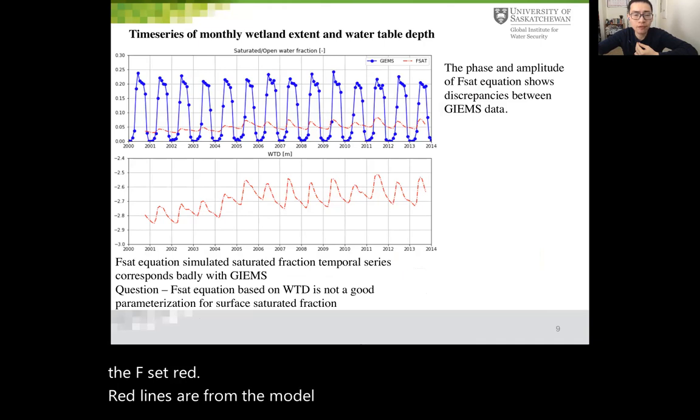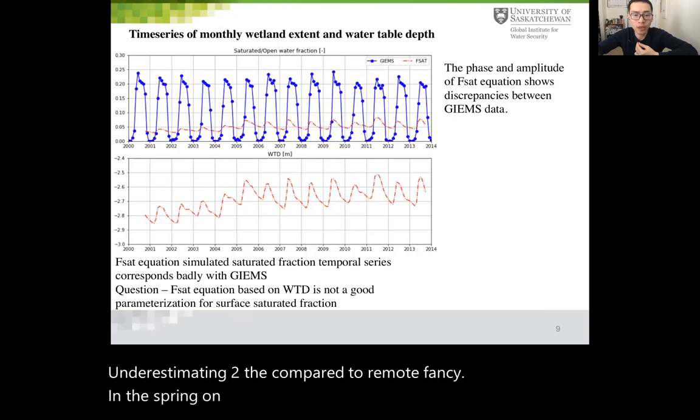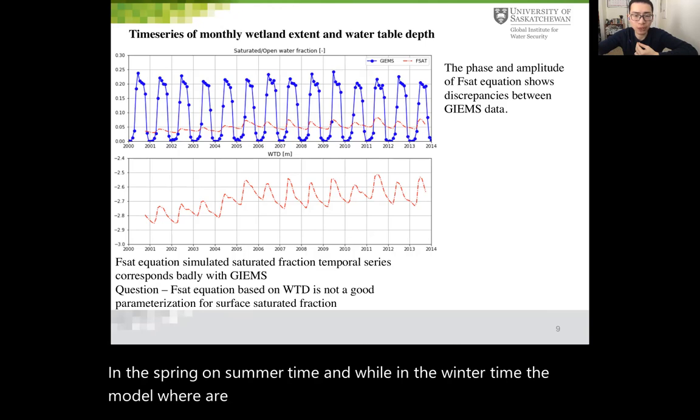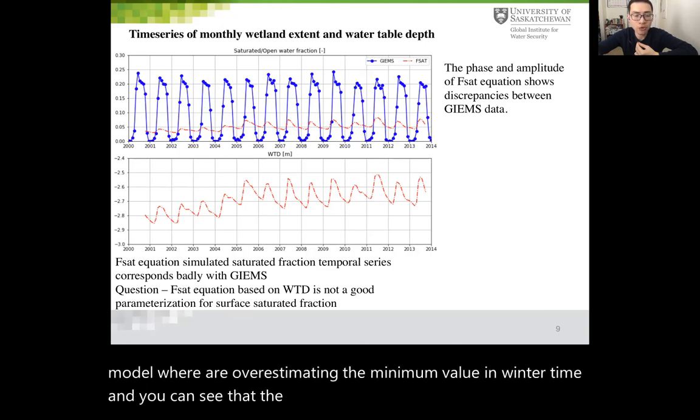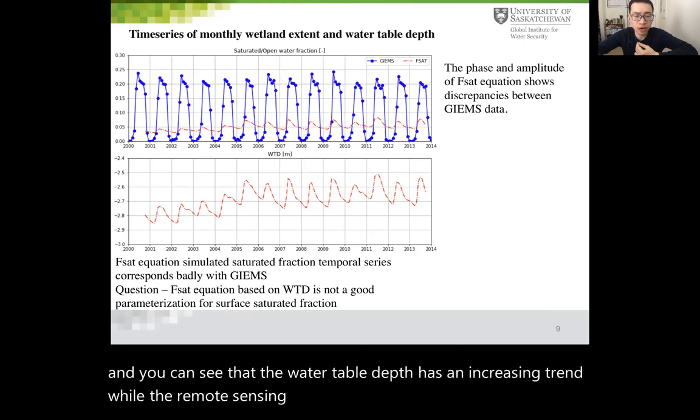For the maximum value, the model is underestimating compared to remote sensing in the spring and summertime, while in the wintertime the model is overestimating the minimum value. And you can see that the water table depth has an increasing trend, while the remote sensing doesn't show a very significant trend throughout this 13-year period.